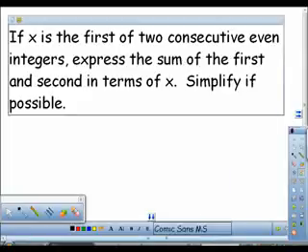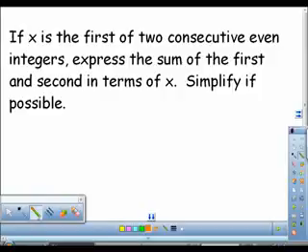Looking at this one, the first thing we're going to do is analyze what it's asking us to find. You will notice that it says x is the first of two consecutive, that blue didn't show up on your screen, did it? Okay, let's change the color so maybe it'll show up. The two consecutive even integers. So this tells us that we're going to have two consecutive even integers involved.